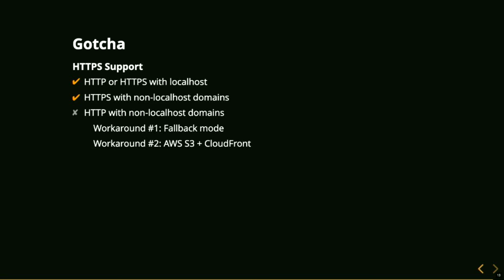First one is the support for HTTPS. This is more of a limitation of utilizing the Service Worker API for security reasons. That is, you can use it with the localhost domain with both HTTP and HTTPS. However, if you want to host your frontend with a mock server online, for example, the playground for UI UX, it can only be served with HTTPS to enjoy all the benefits of MSW.